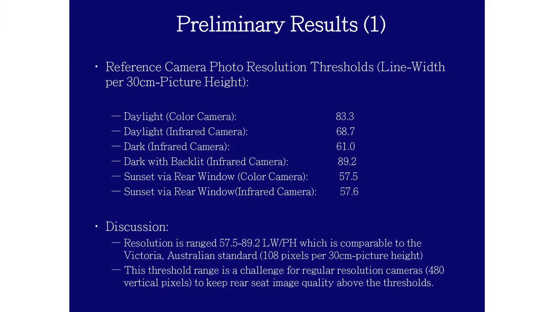This threshold range is comparable to the Victoria Australian standard. When you convert their standard into a 30 centimeter picture height, it is about 108 pixels. This is a theoretical resolution. Our resolution is a real measurement.